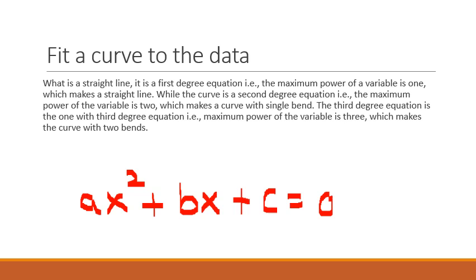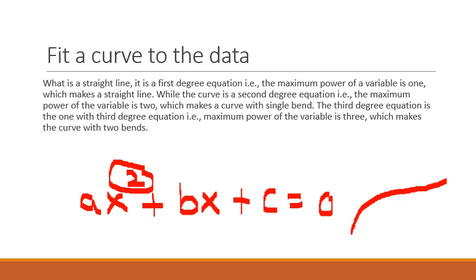You can see that the highest power of the variable is 2, so it is a second degree equation. The maximum power of the variable is 2, which makes a curve with a single bend like this. This is a single bend.